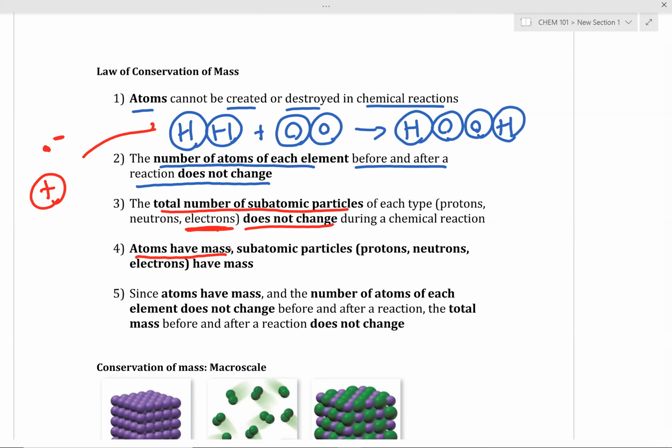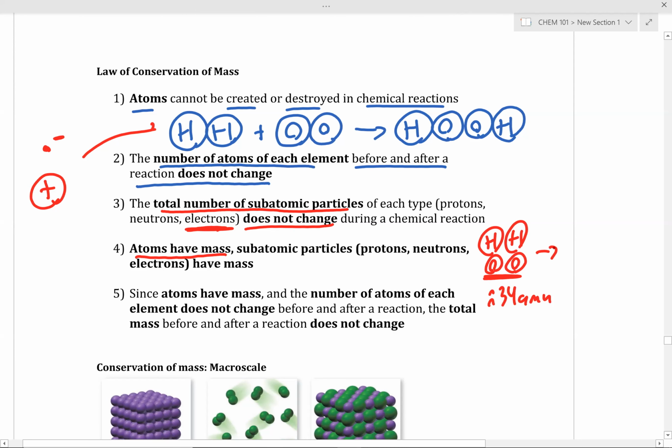Let's go through this one more time. If I put all of my hydrogen and oxygen atoms on a scale, I would get roughly 34 AMU.